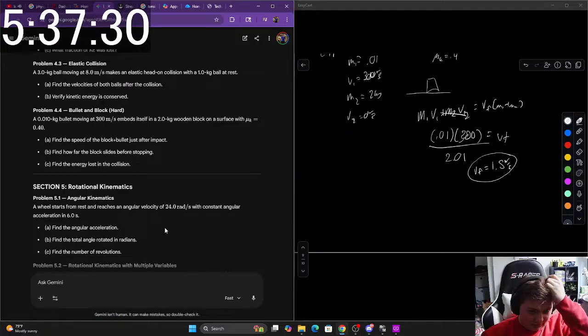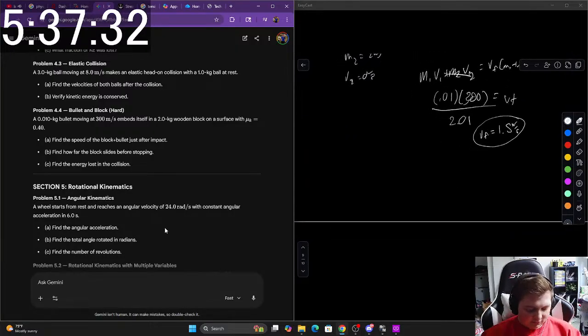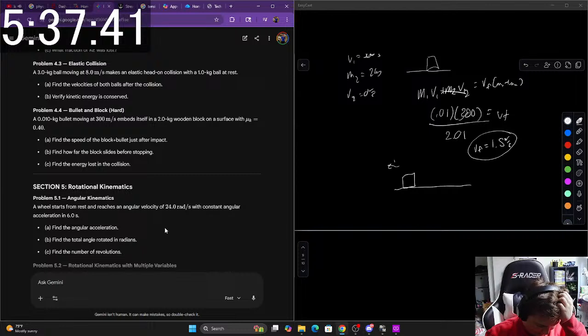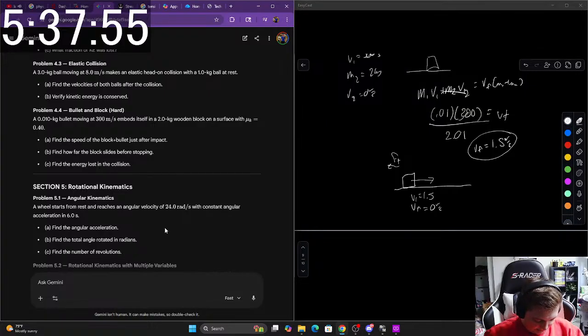How far the block slides before stopping. So if we have this, we have a force against it, which is a friction force. We have the velocity in this way, 0.5 v is, and vf is 0 meters per second.